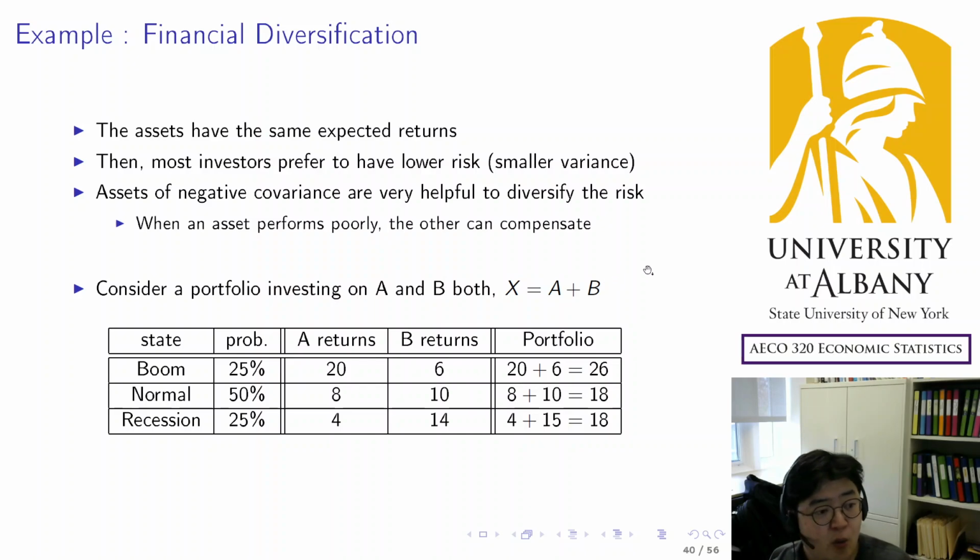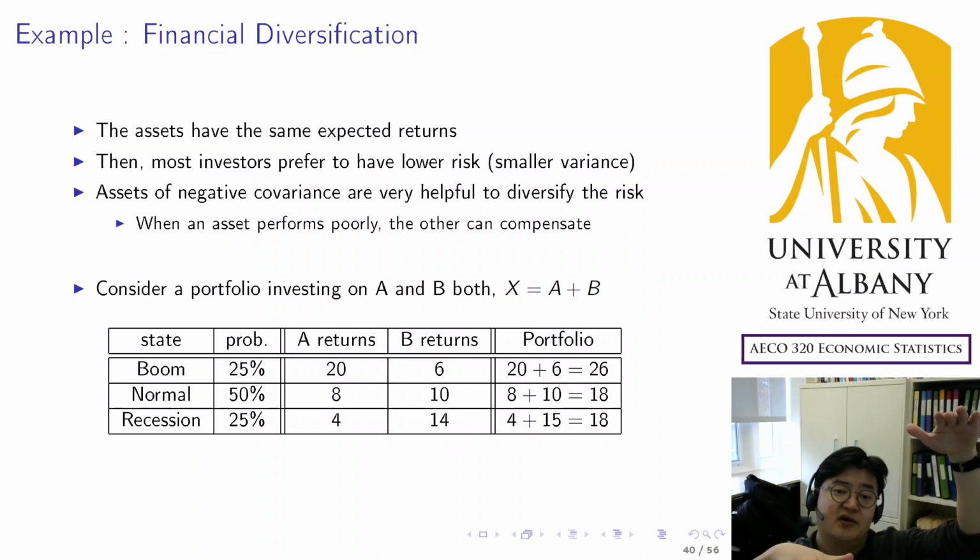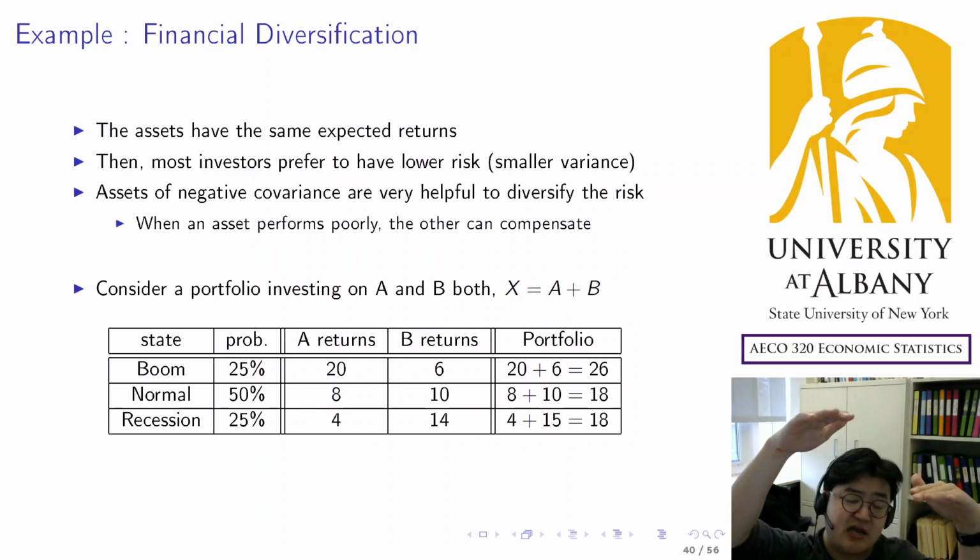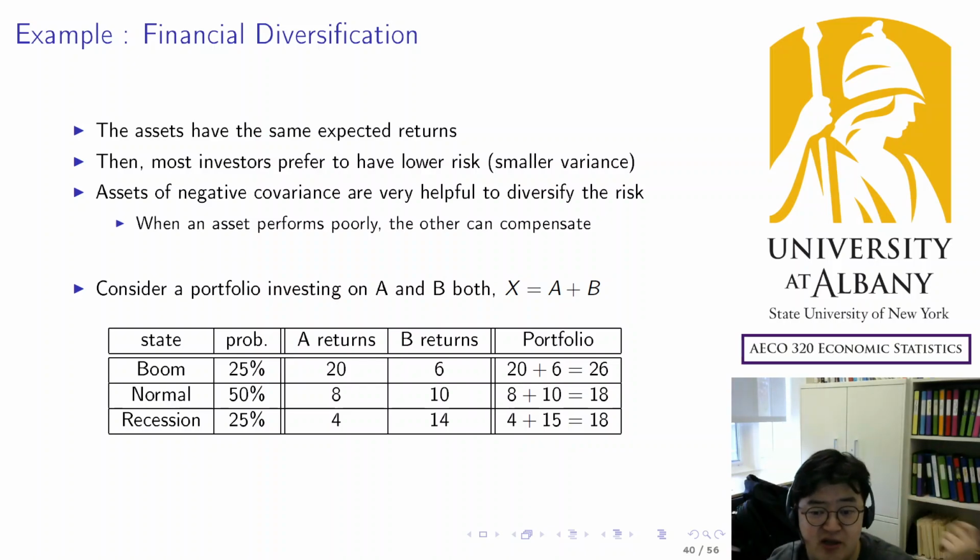Because when A does better, B will go down. So that means A will compensate the loss from B. So in the end, they will balance toward the middle, and vice versa. When A does poorly, B will compensate for that. So they are a very nice pair if you can combine them to minimize the risk, right?